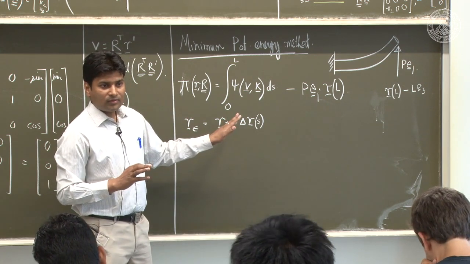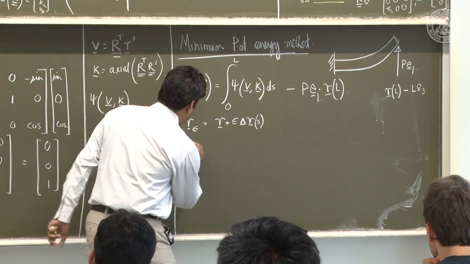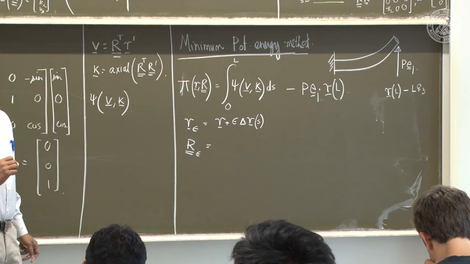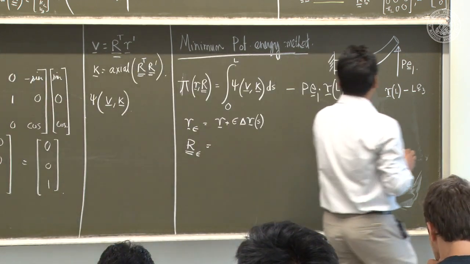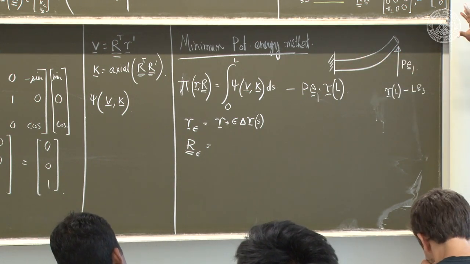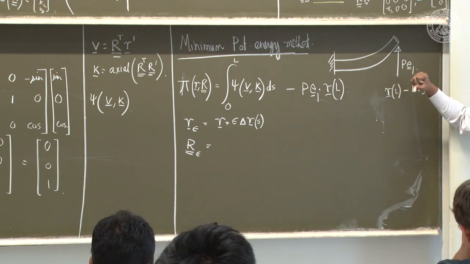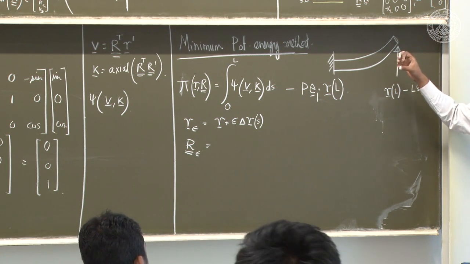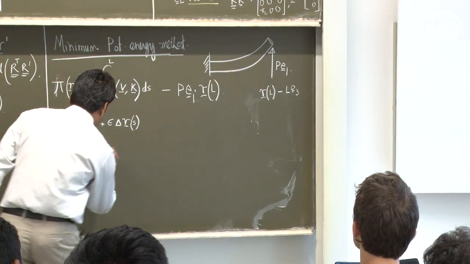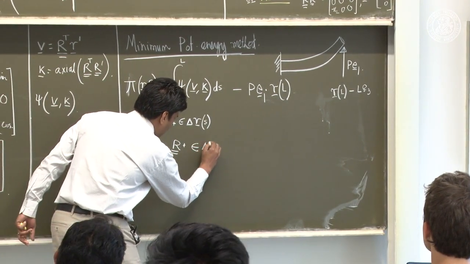So that is quite okay, but how to vary your big R? That is really tricky. You see, we want to work out the most general case. Your rod could have come in the 3D configuration, and then it has some big R, and I want to impose some extra fluctuation in big R on top of whatever is existing. So can we write it as some big R plus epsilon times some delta big R?